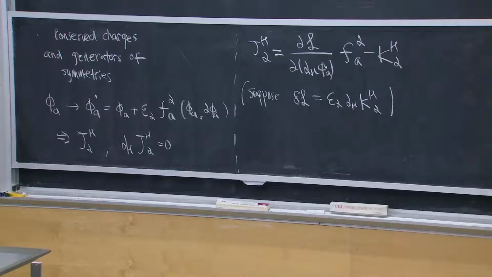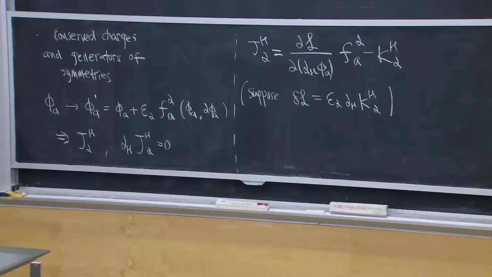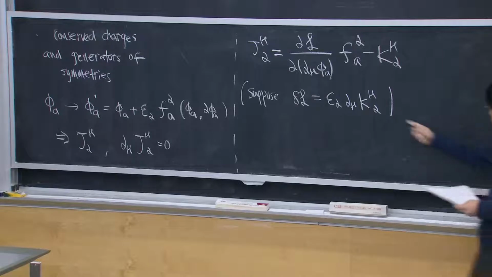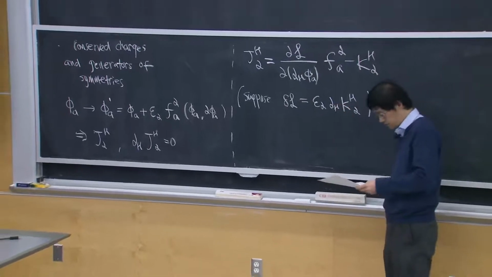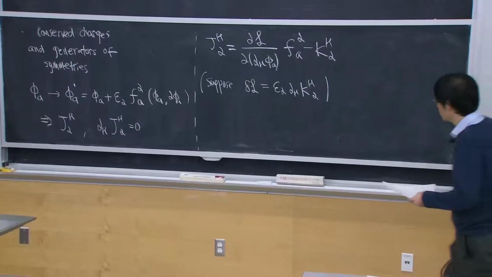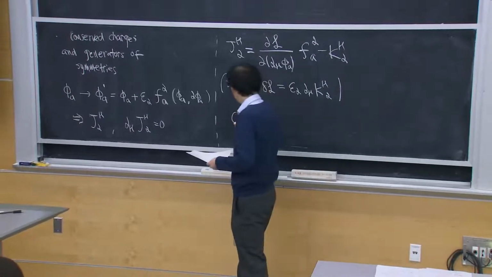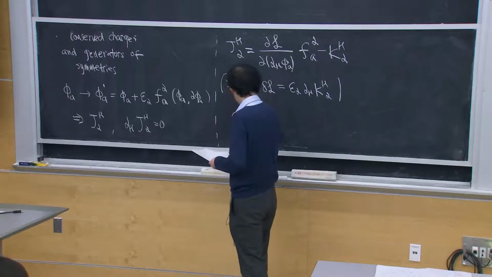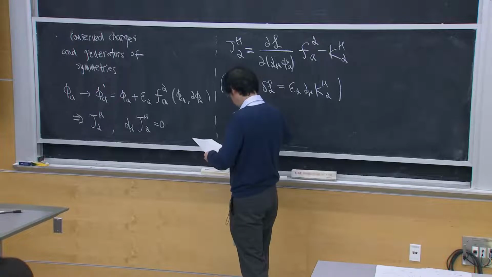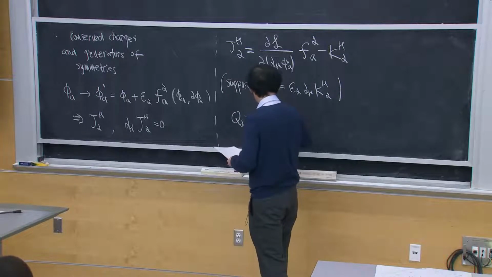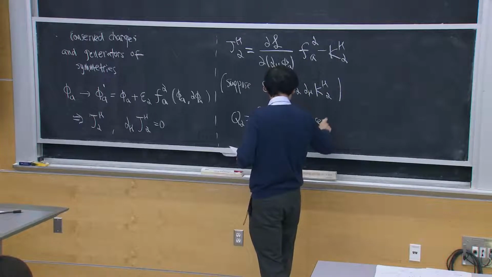Alpha just labels different symmetries, and the index doesn't matter whether it's up or down. The zeroth component of the current, when you integrate over all space, gives rise to a conserved charge.